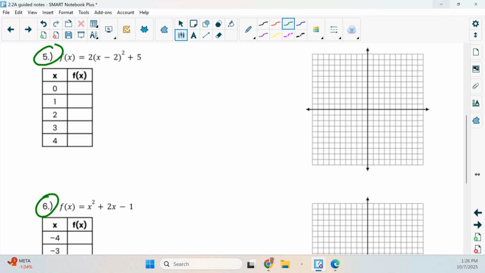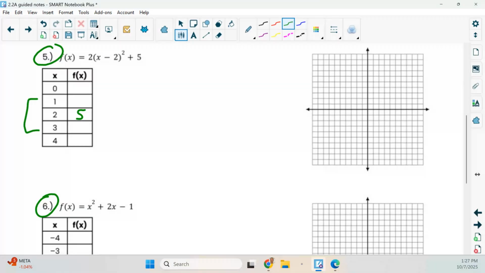Where's the vertex? 2, 5. X minus 2, so it's been shifted right 2. The vertex starts where? Maybe I should have said that. The vertex starts at 0, 0. So this tells me the vertex has been shifted right 2, up 5. 2, 5. Okay?